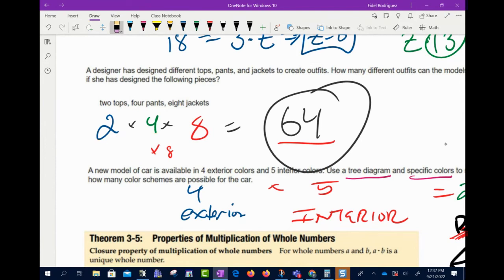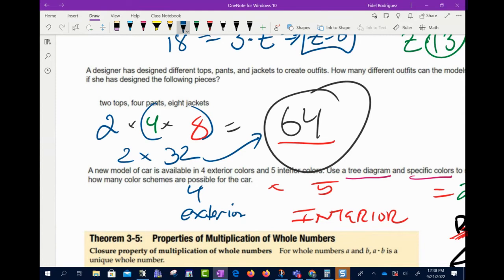Now, the associative property says, you know what? I did it that way, you guys, because I know 2 times 4 is 8. But everybody thinks a little bit differently. If I would have said, look, let me multiply those 2 numbers first. Anybody know what 4 times 8 is? 32. What's 2 times 32? Still 64, right? Everybody's mind works a little bit differently.